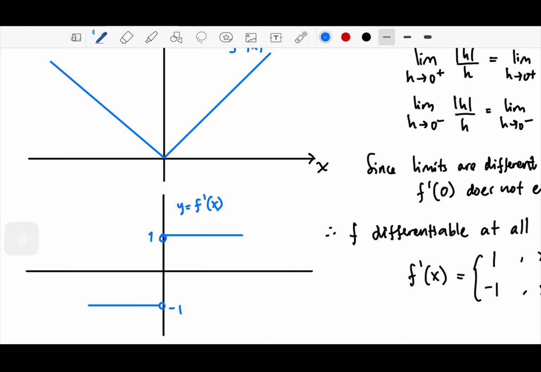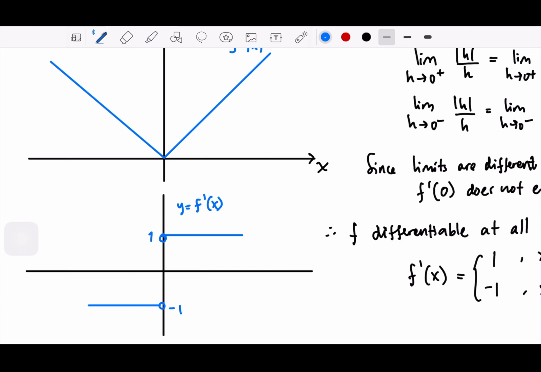I think this absolute value of x is describing the important thing about differentiability. When we move here, you know the slope is -1. When you move here, the slope is +1. So in the middle here, we cannot define anything. Okay, so we are left with the discontinuity at x equals 0.